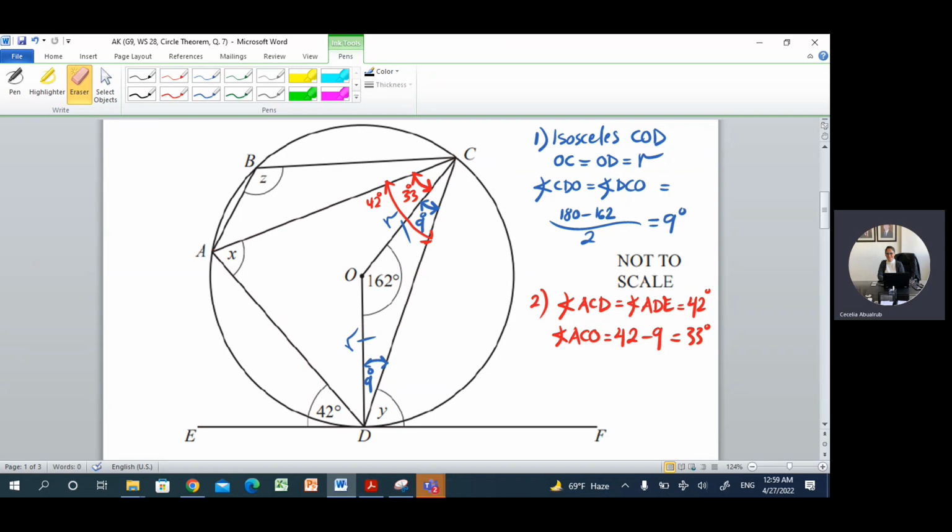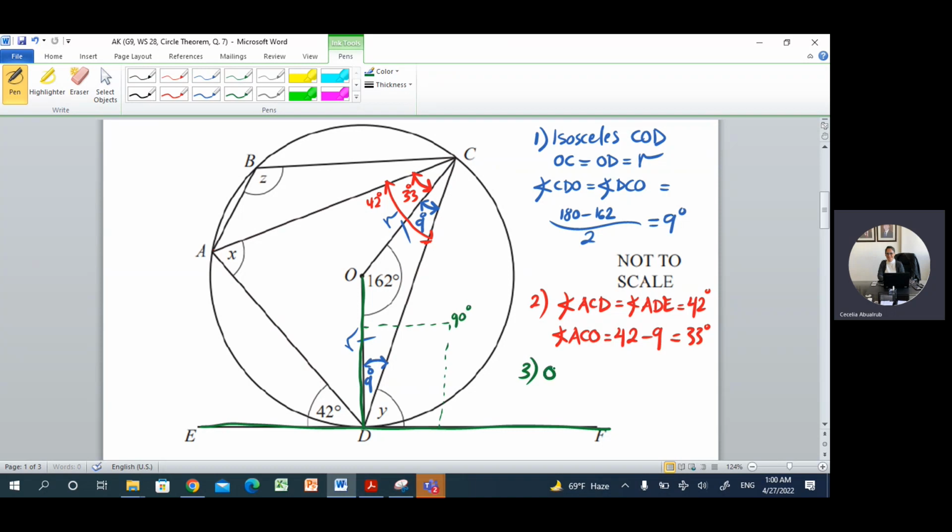Third thing I would be thinking of is tangent EF and radius OD are perpendicular. So step number 3, which makes this angle here equal to 90 degrees.